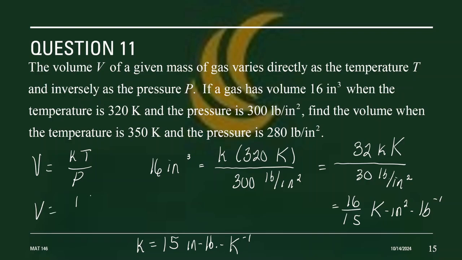Why does that make a difference? 16 divided by 16/15ths. So we get 15T over P.